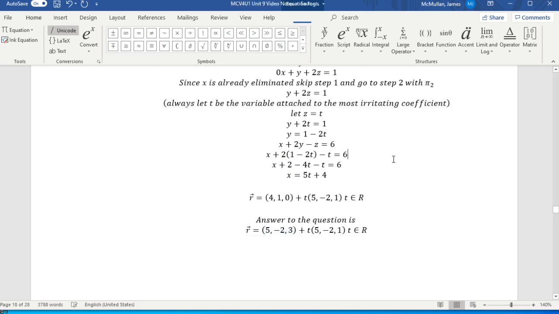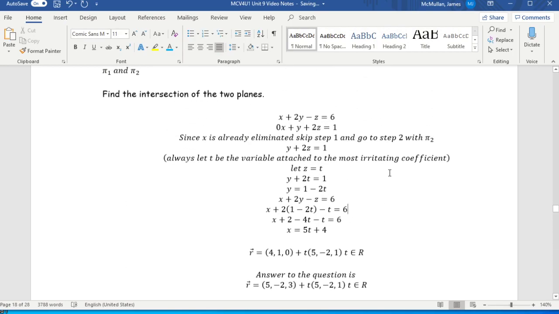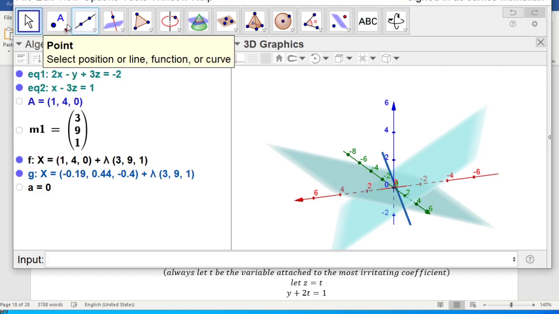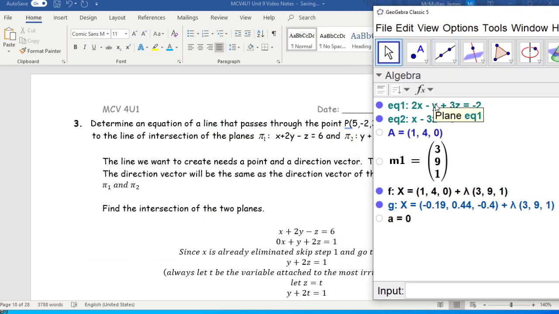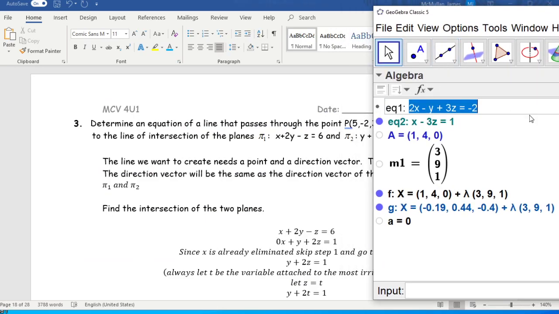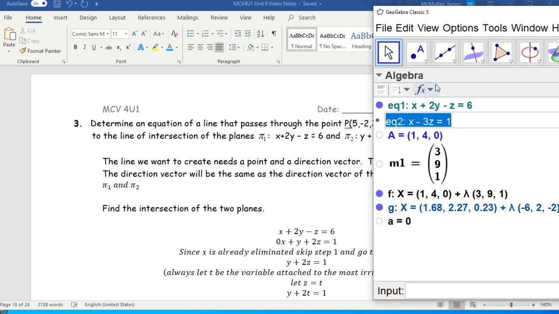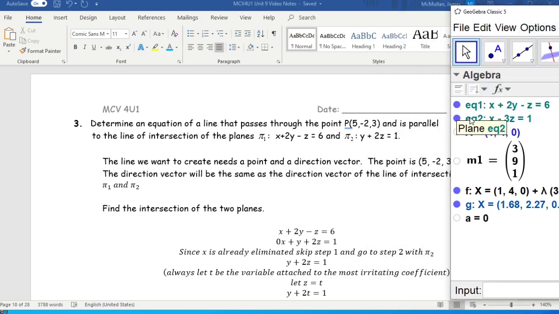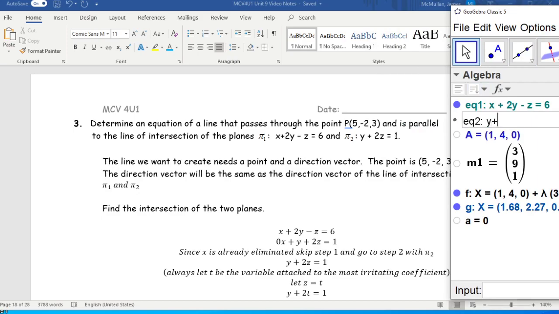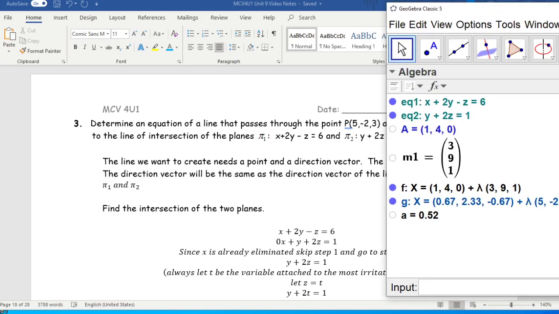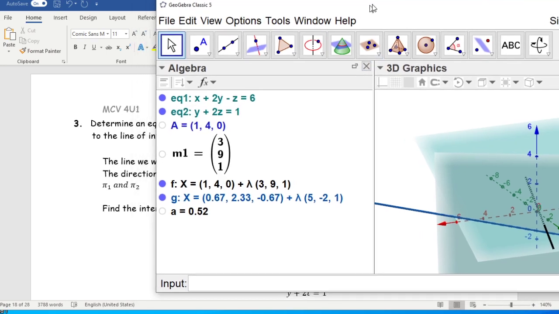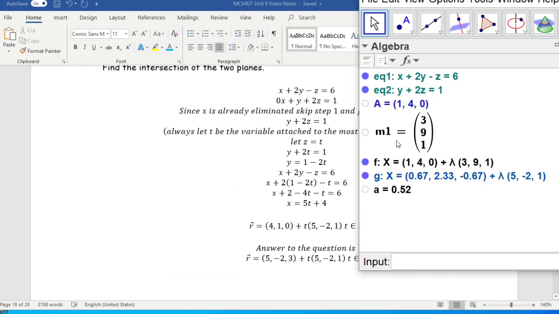Okay, now let's just quickly draw a picture of this before we close off for the day. So let's just quickly change this plane. So this was x plus 2y minus z equals 6, and this one was y plus 2z equals 1. Now, I said that these things are supposed to intersect.